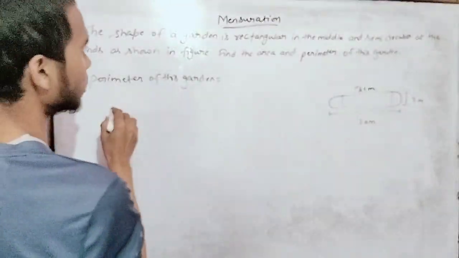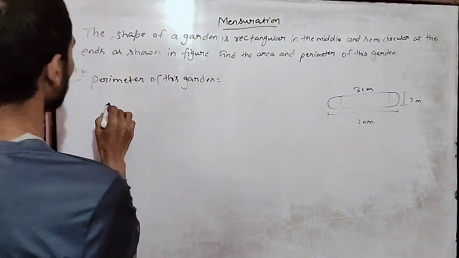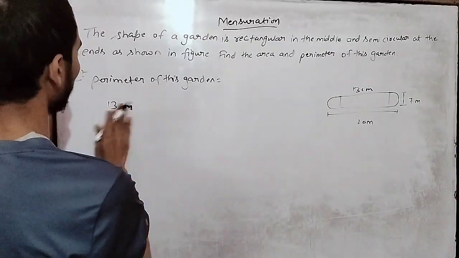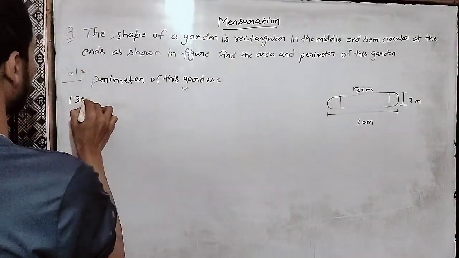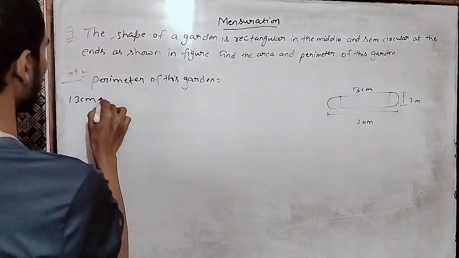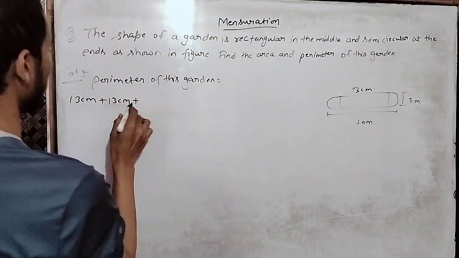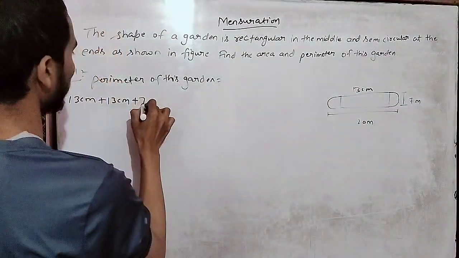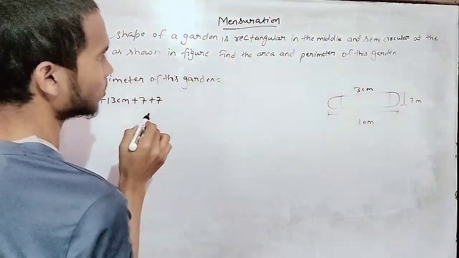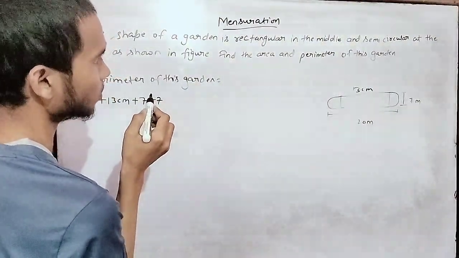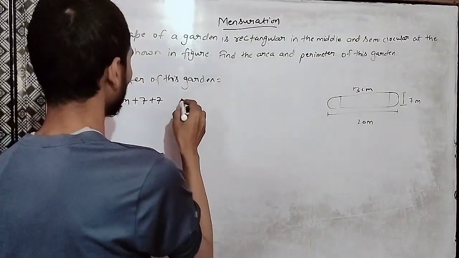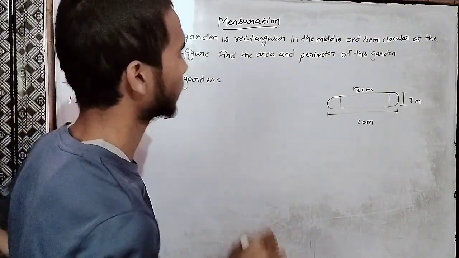So can we write 13 centimeter plus 13 centimeter, then 7 and then 7. Then we have the semicircle.